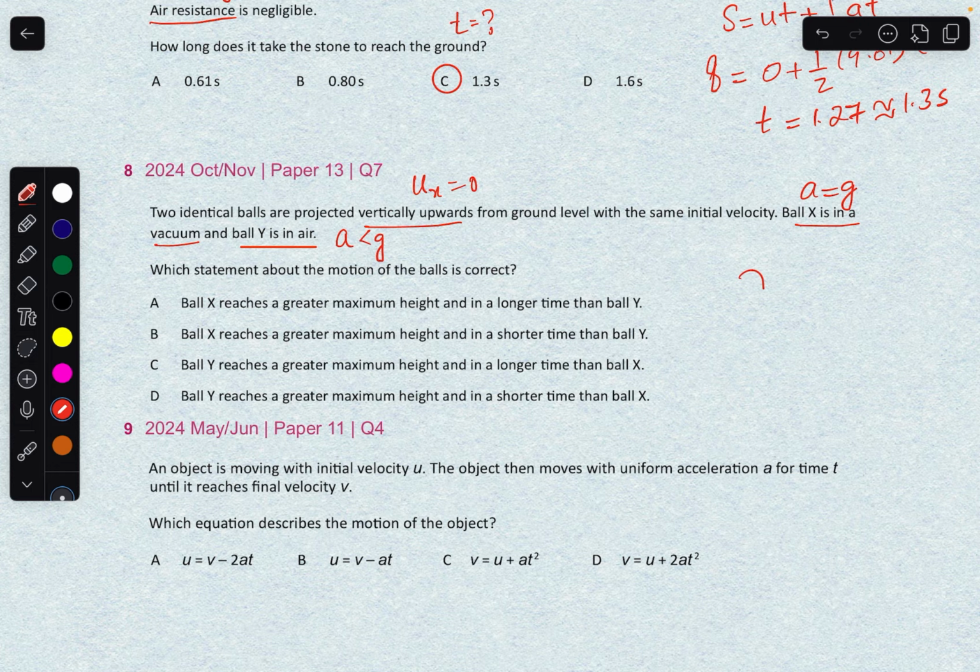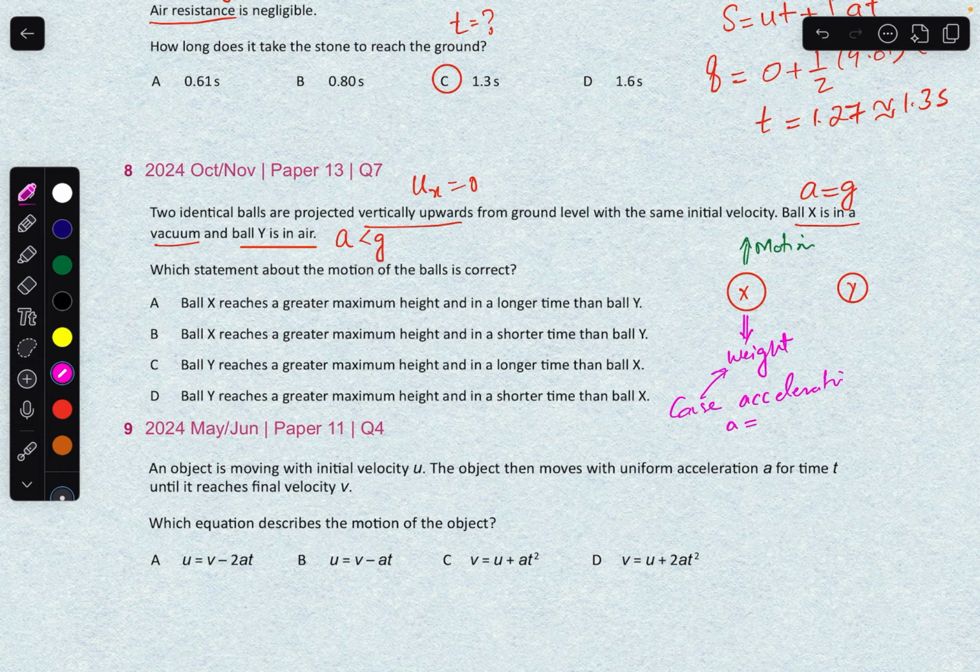You have to imagine the scenario. Let's suppose this is X, this is ball Y. On X, motion is upward, but there is only one force acting on it, that is its weight. This weight will cause acceleration.